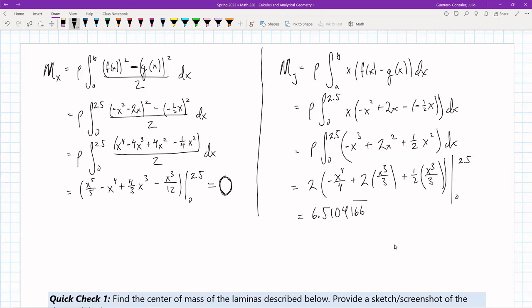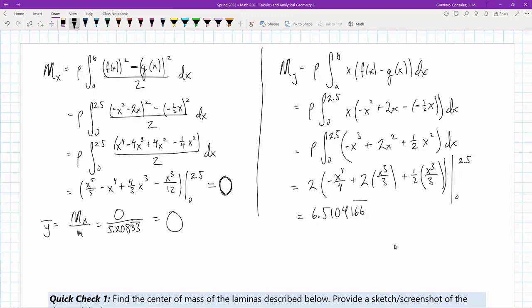So now I get to compute the last bits. The y bar requires the mx over m. Our mx is 0 over our total mass, which was 5.20833 repeating, and this is just going to be 0.